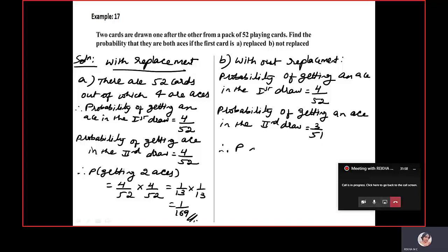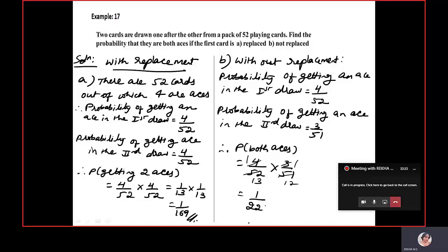So the probability of getting both aces is equal to an ace in the first draw and an ace in the second draw, that is 4 by 52 into 3 by 51. So that is 4 into 1, 13, and 3 into 1, this is 17. So that is 1 by 221.